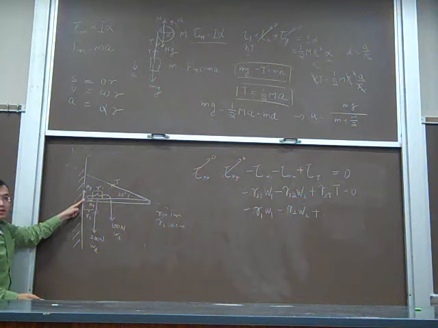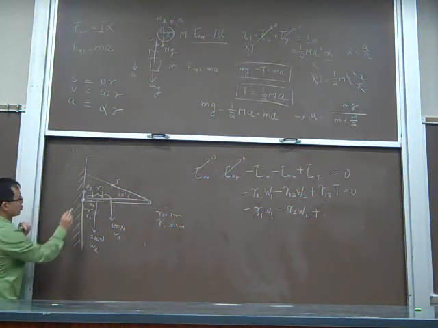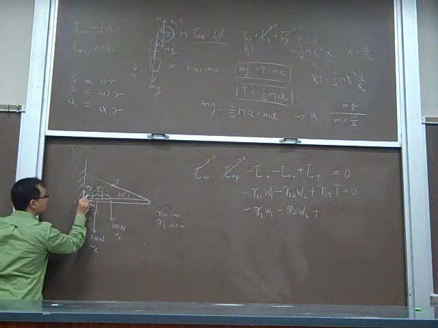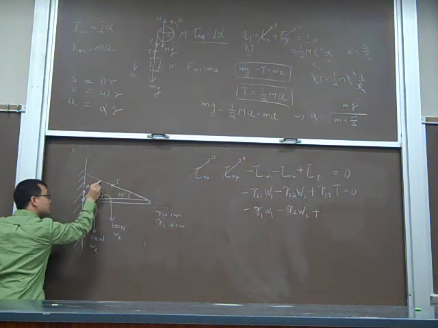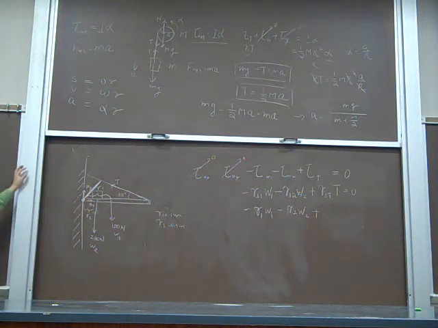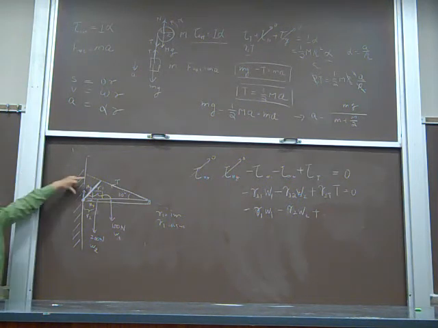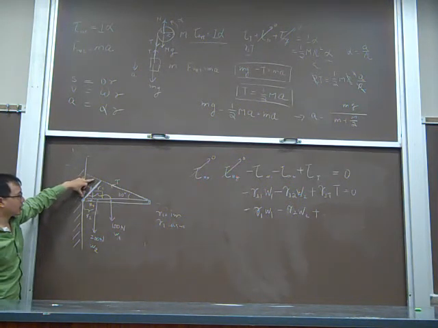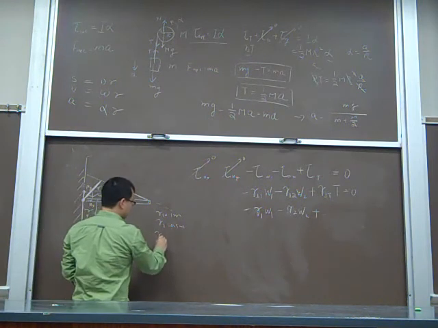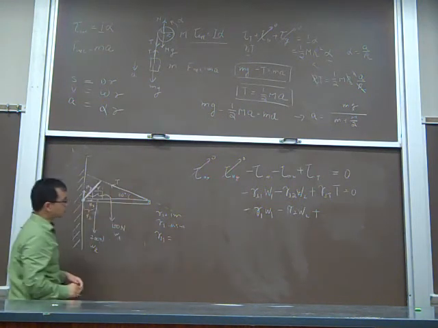So the distance from the center to the straight line should be this. This is R perpendicular T, right? But we can still figure out what it is.